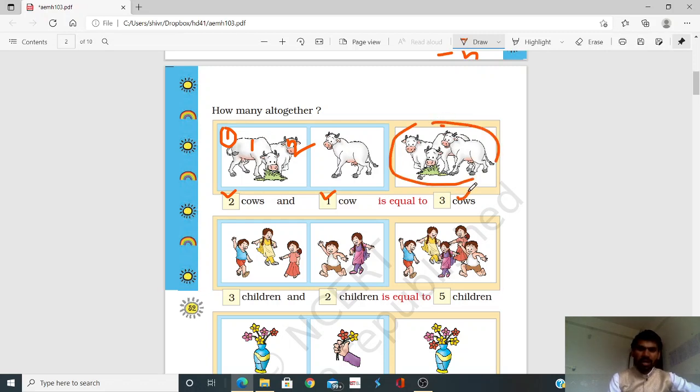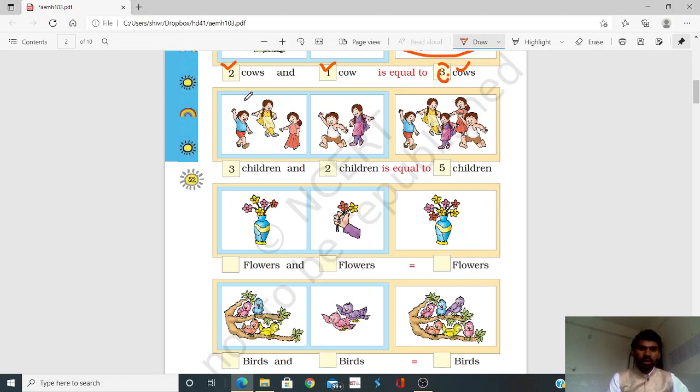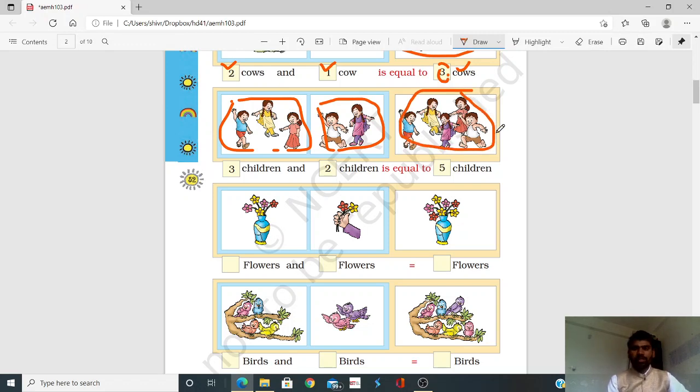Now in the first box, three children and two children. Three children and two children is equal to five children.